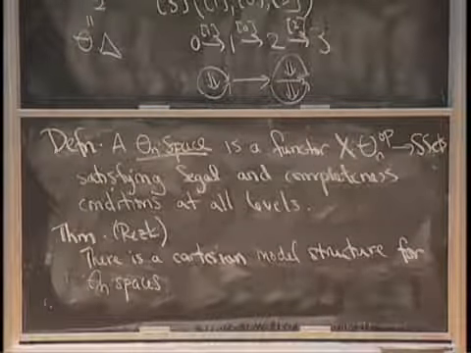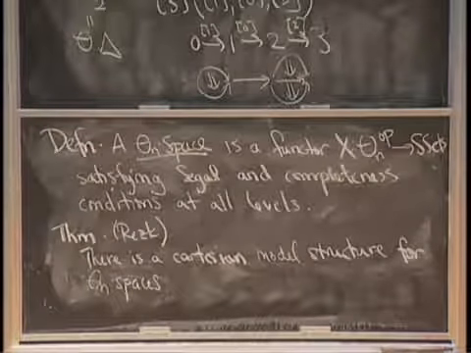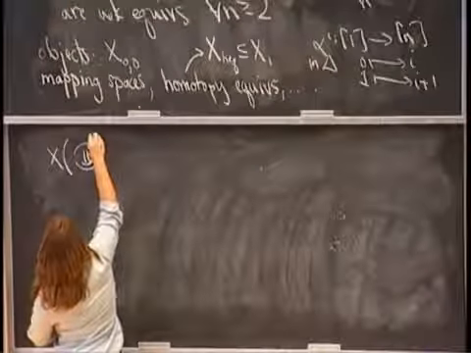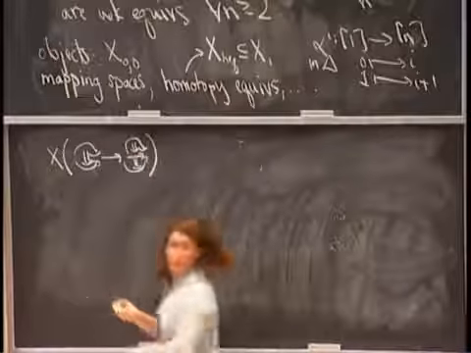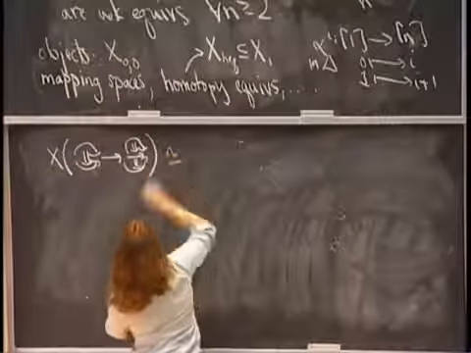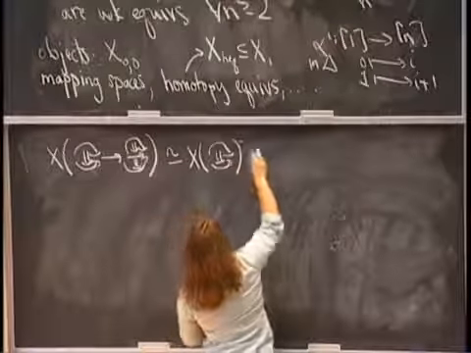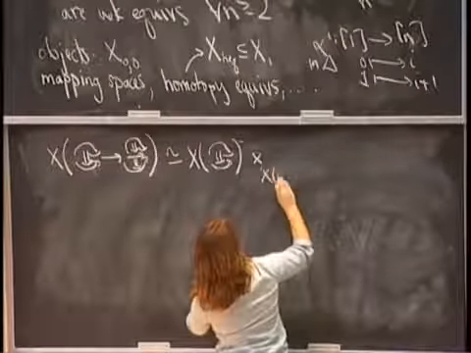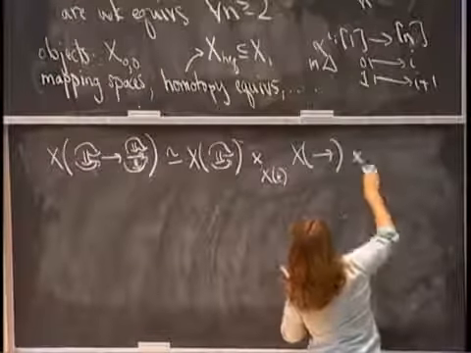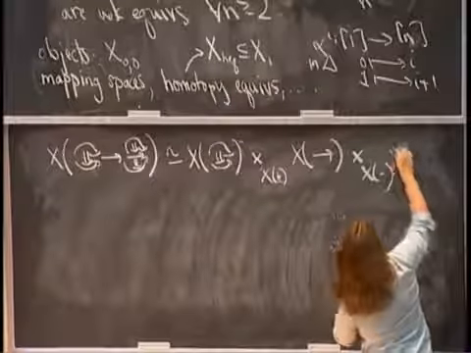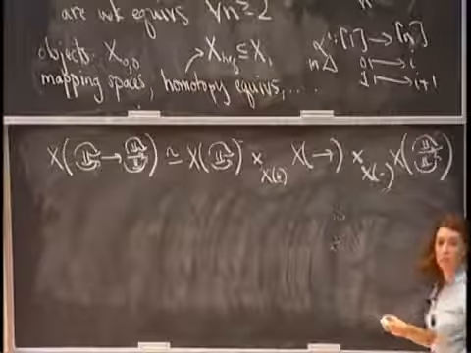Yeah, so I'll go back to this example here. If you had some X of this guy, so one level of Segal would say this had better look like X of this guy crossed over X of a point, X of this guy, again crossed over X applied to a point, to X of that.